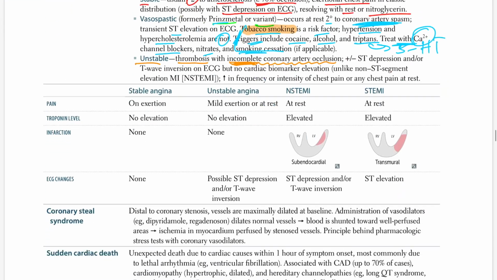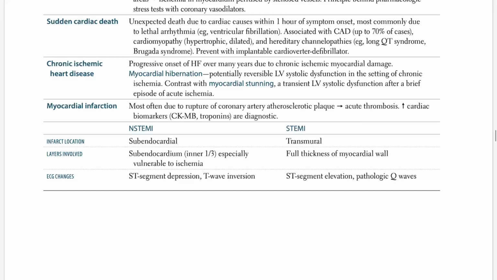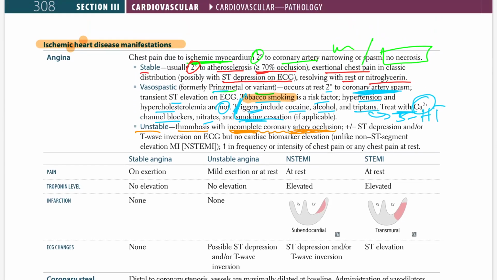This versus your proper MI, myocardial infarction, where you will have a fully blown coronary artery atherosclerotic plaque, meaning 100%, not incomplete, but complete coronary artery occlusion will be seen in MI. Here you just have incomplete, not to 100%.